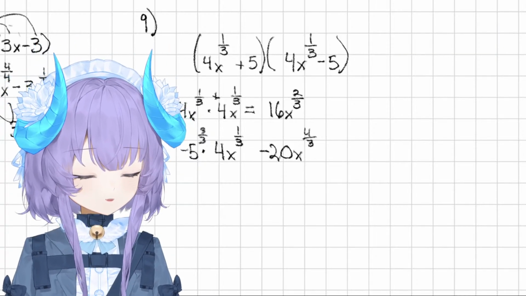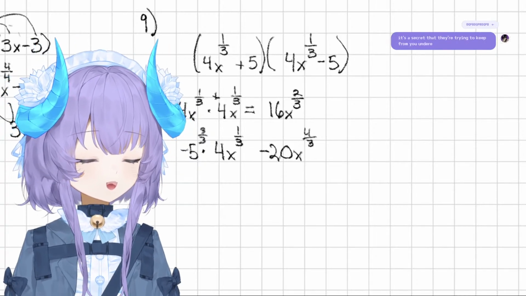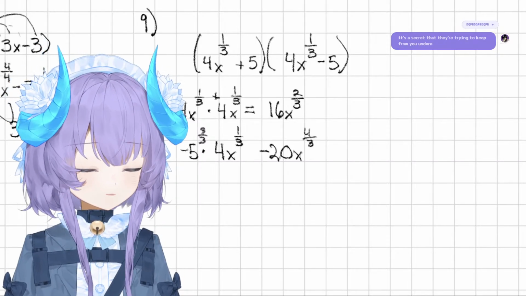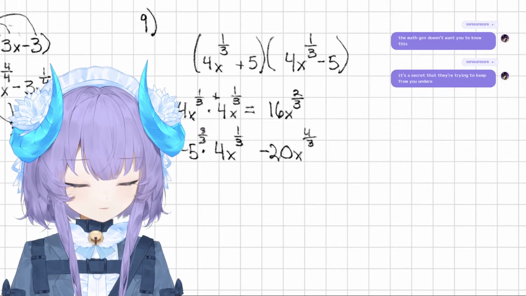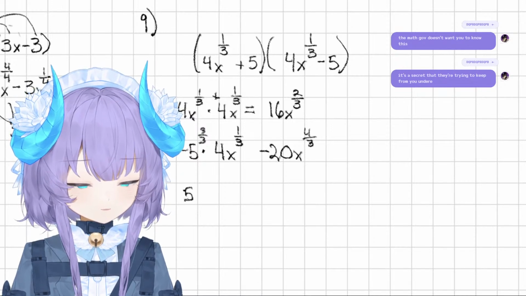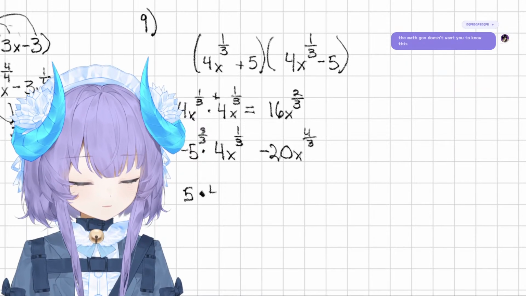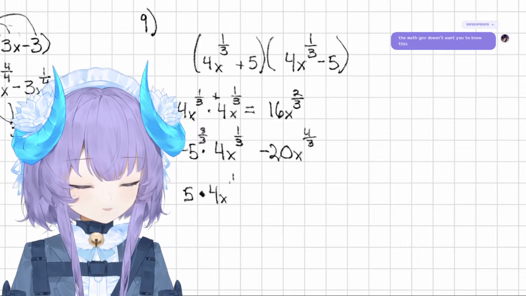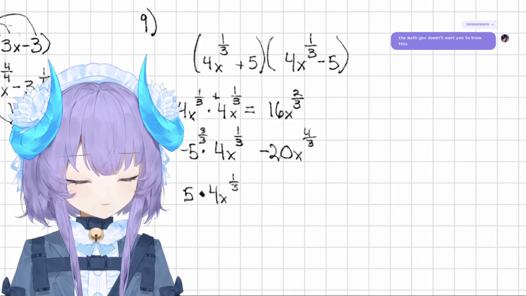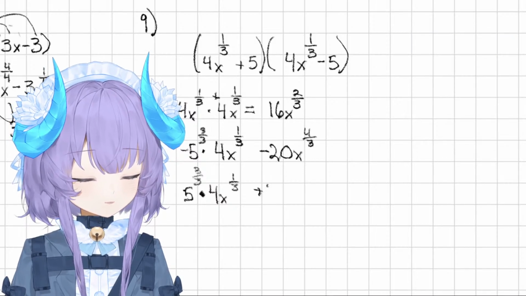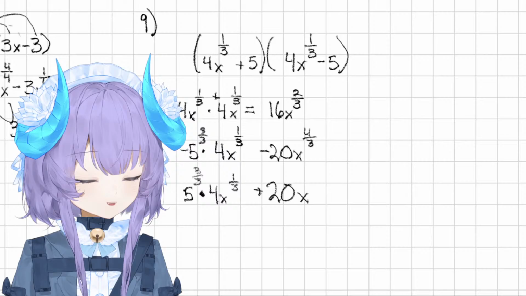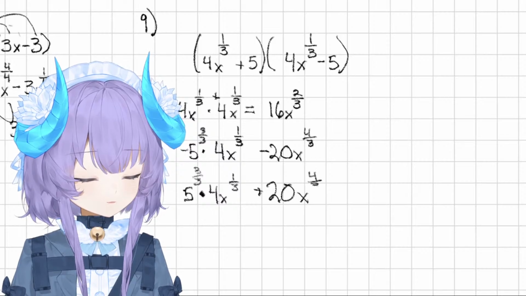Okay, and then first inner, we've got positive 5 for x, positive x to the thirds.